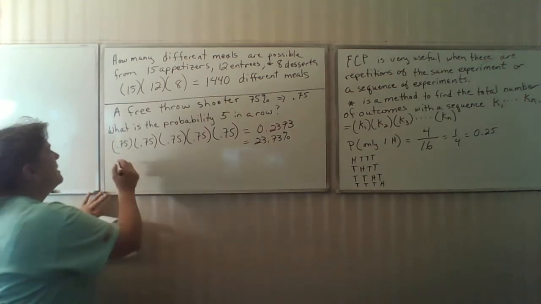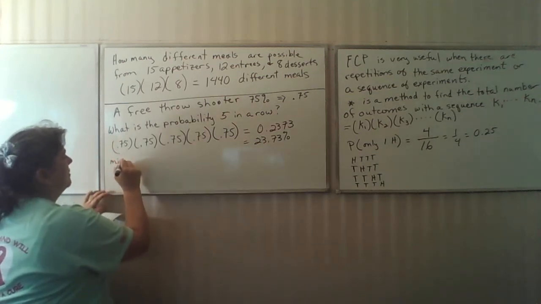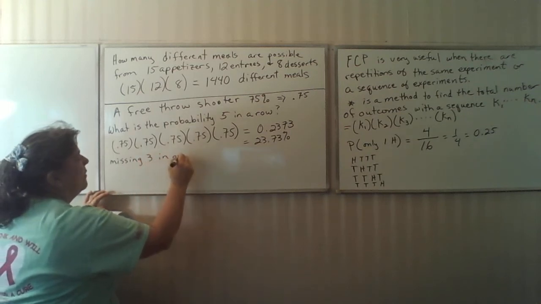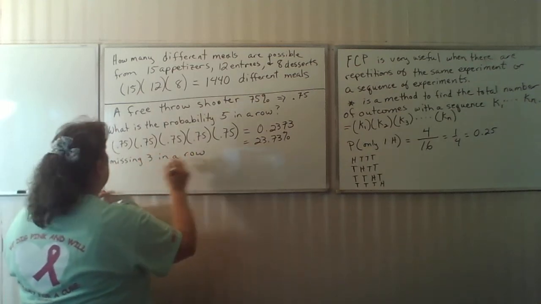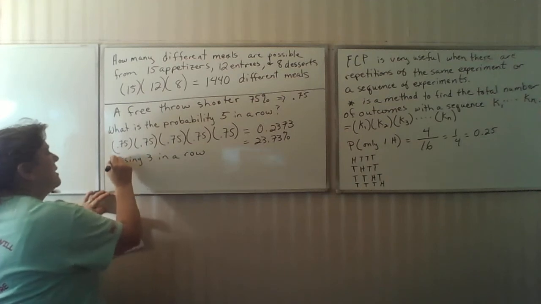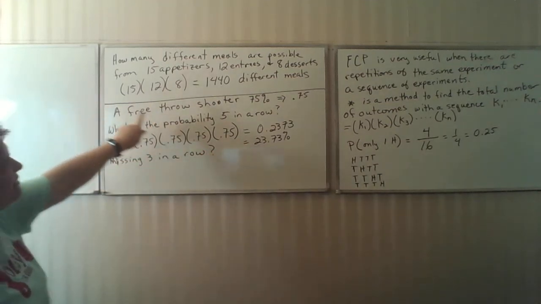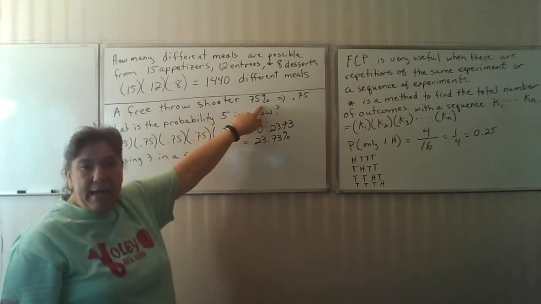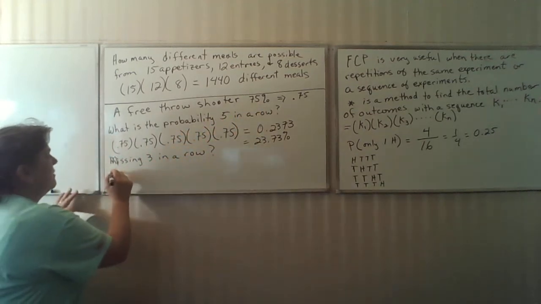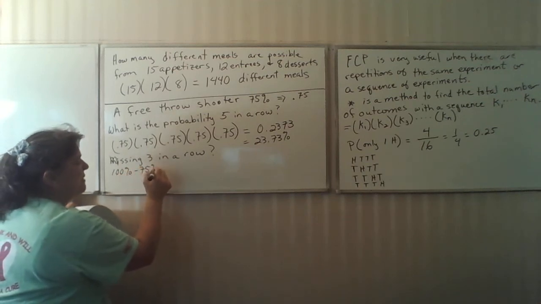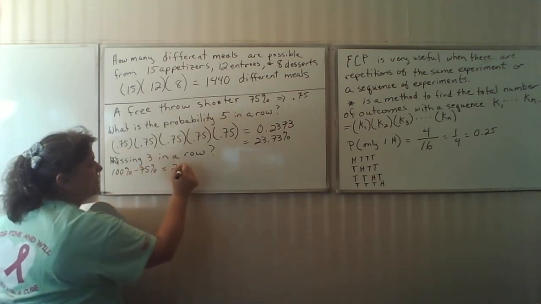How about missing 3 in a row? Well, first of all, we need to know what is the probability of missing. Well, if I have a 75% chance of making it, that means 100% minus 75% is equal to 25%.